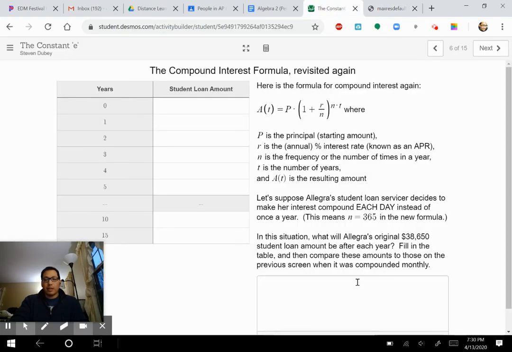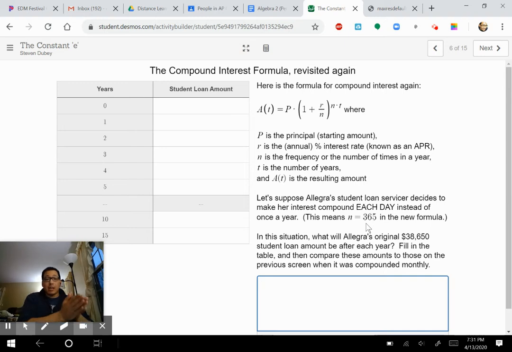Okay, so let's see. I'm not going to fill in this table. I'll get rid of the table. But what do you think is going to happen if we move from once a year to every month, happening 12 times a year, to every day, happening 365 times a year? What do you think is going to happen?